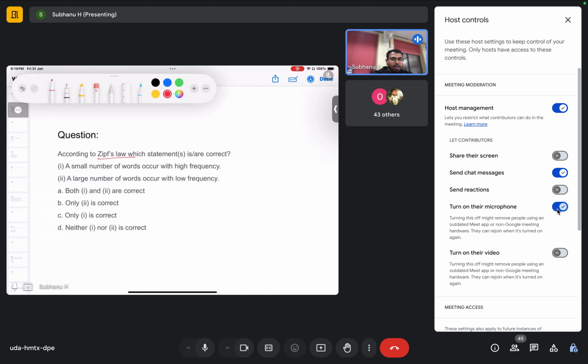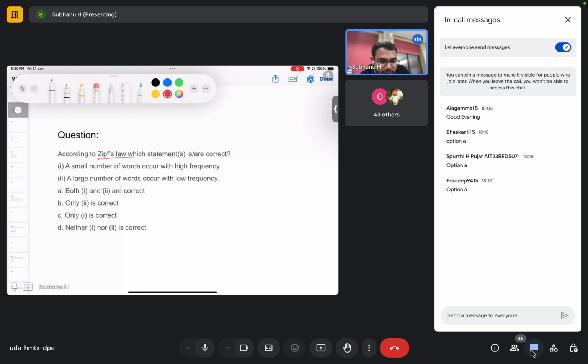I can remind you: f is proportional to 1/r. Pradeep, you are saying the right option is option A. Can you turn on your mic and tell me what Zipf's law was saying, and why you are saying it is option A? Whatever you think, you can tell me.